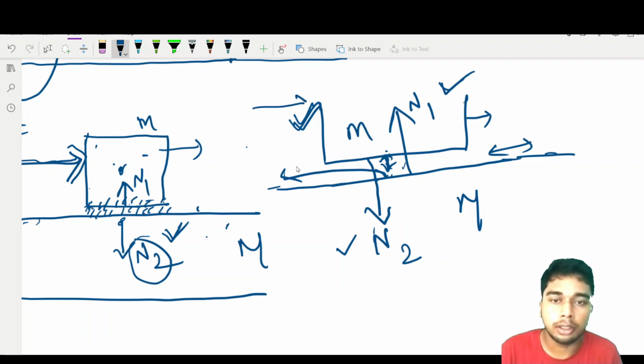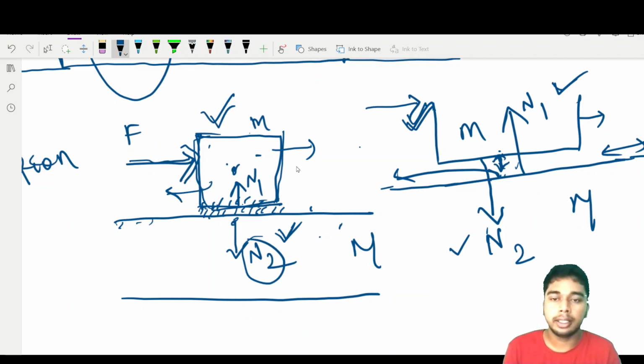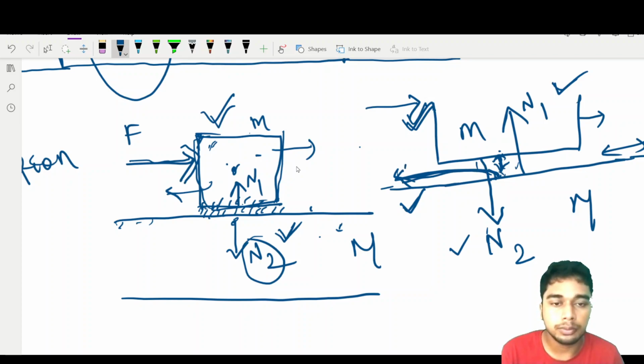Here I am considering that when a force is applied on this block, the friction will be backward, because this block will try to move forward, but the friction arising from this plank, because they are in contact, will try to oppose, so there will be friction.